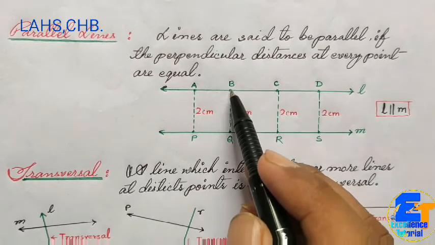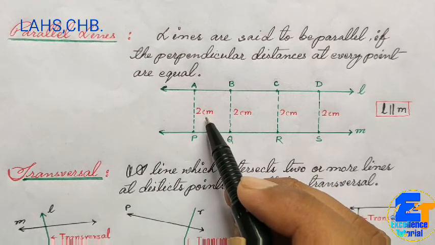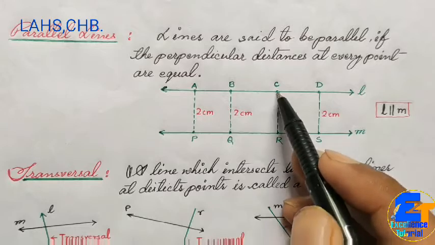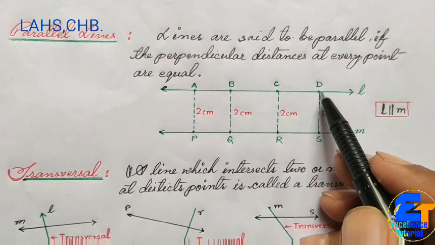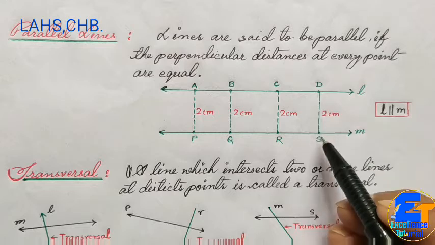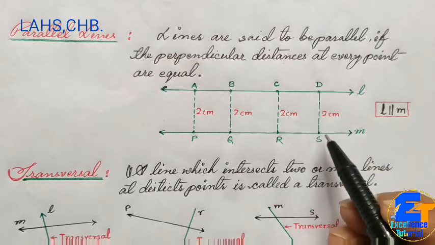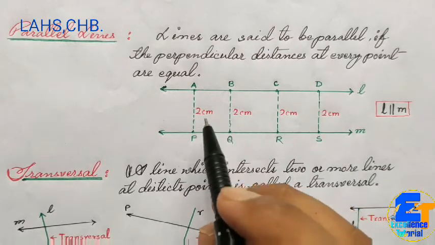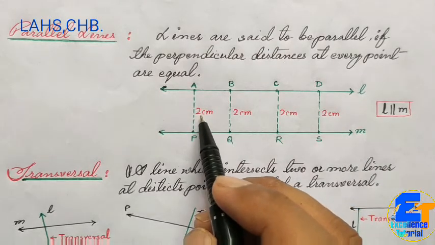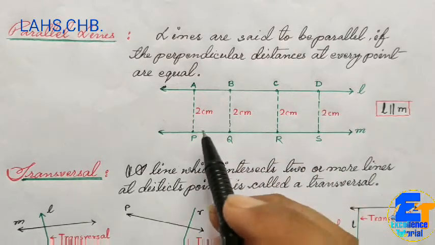In the same way, if you measure the distance between B and Q and you get the same, that is 2, and at points C and R we again get 2, and between points D and S we get the distance between these two lines L and M as 2 centimeters. That means at every point we are getting the same distance between lines L and M.